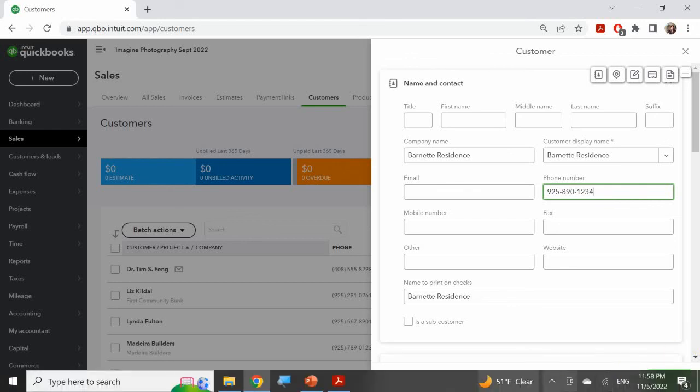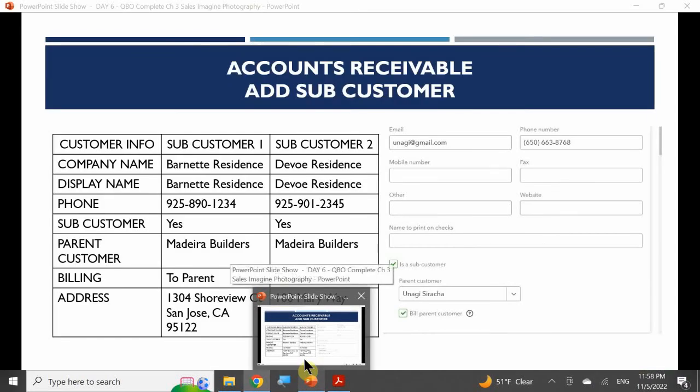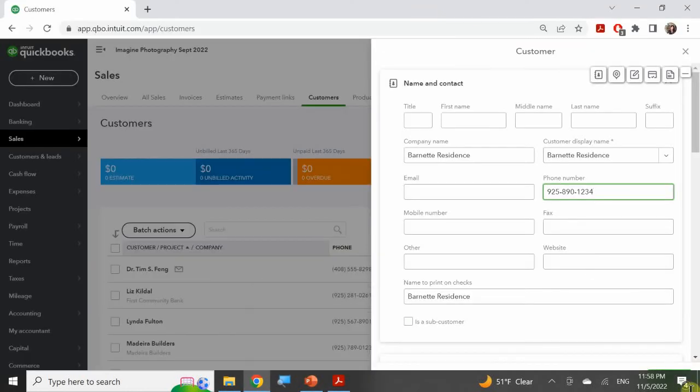Okay. They are a sub customer, and we're going to link it to Madeira. And then, of course, you're going to be billing Madeira for them.